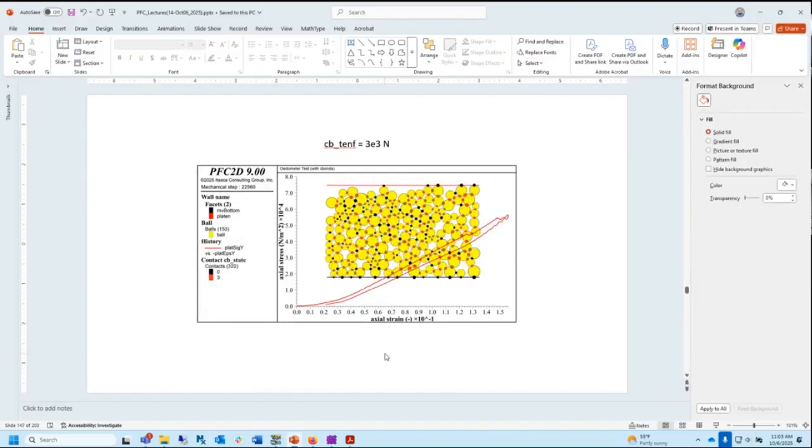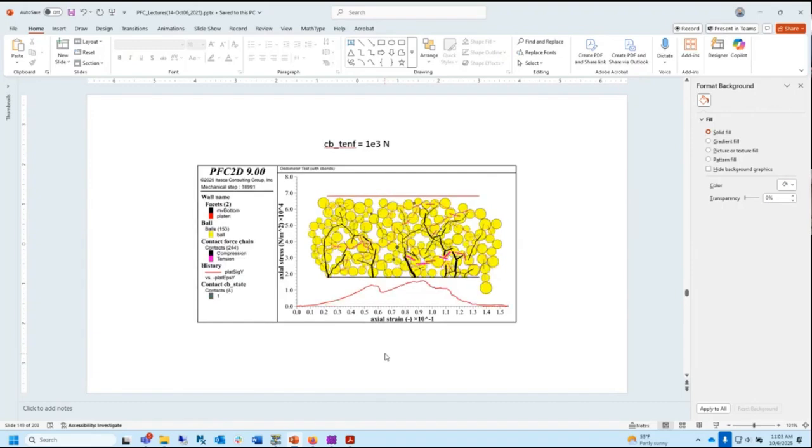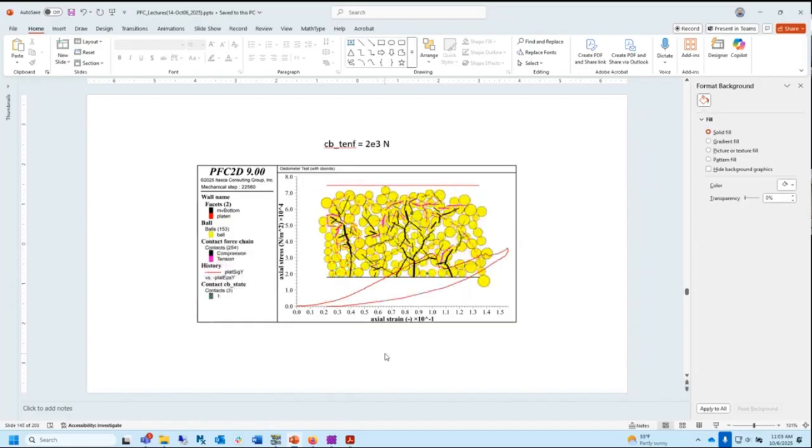There's the 1 and 2 conditions for the bond states, unbonded and broken in shear or in tension. Well, I'm only plotting right now the ones who broke in tension.